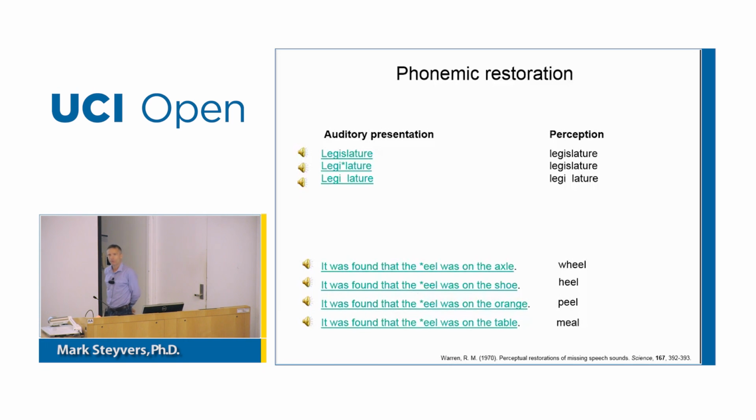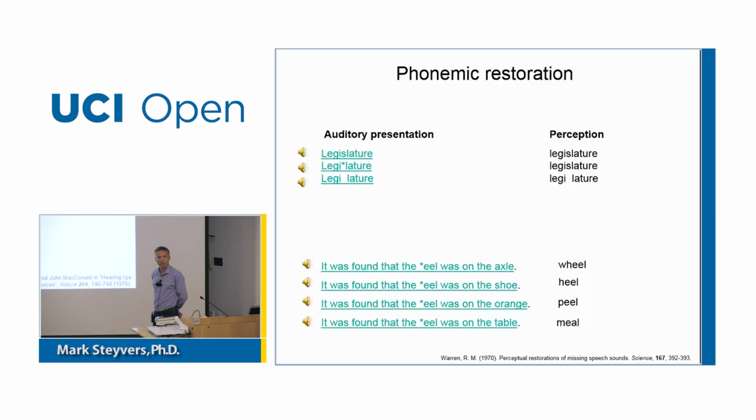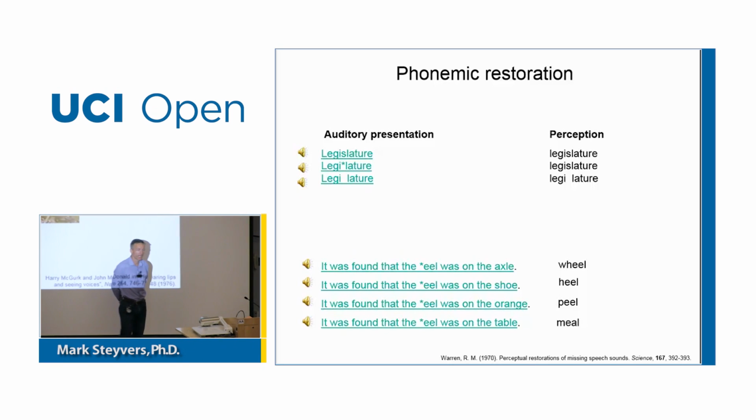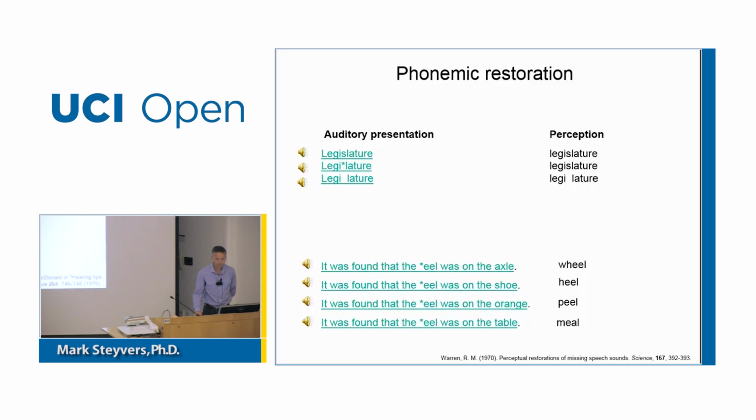Now, how many of you have already heard about the McGurk effect? So, a small number of you, okay. This is a demonstration showing that your speech perception is guided not only by the sounds that you hear, but also by visual cues, for example, the lip movements of the speaker you're listening to.